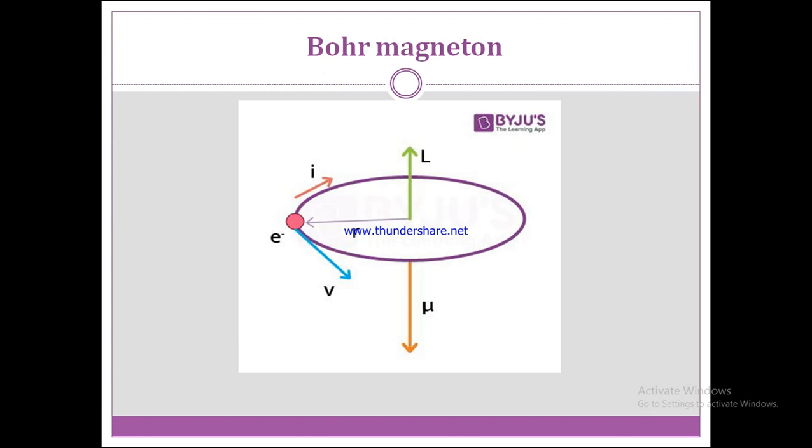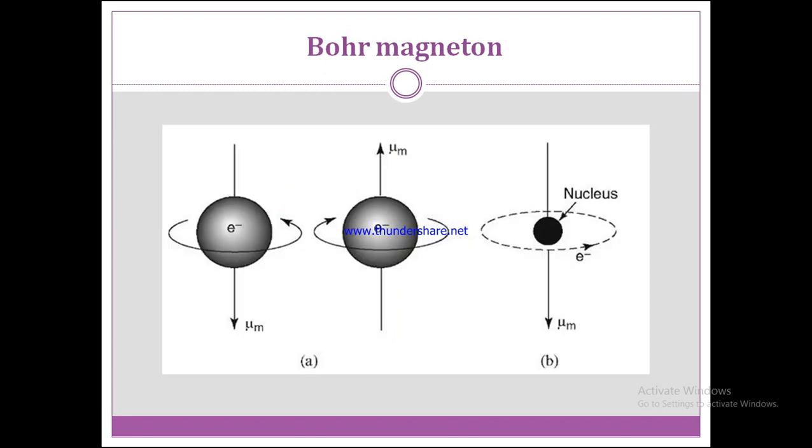Okay, so this is how the magnetism concept has been introduced. Again, we have to discuss the same concept for better understanding. When an electron is spinning around itself in the anticlockwise direction, the magnetic moment is created in the downward direction.